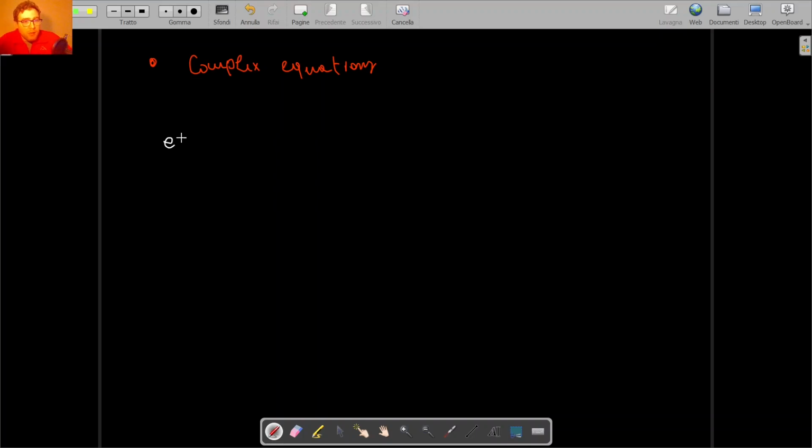So we have e raised to z is equal to i, and then we have e raised to i z is equal to 1. And so we will see that these equations are very similar, as you can see from the structure.